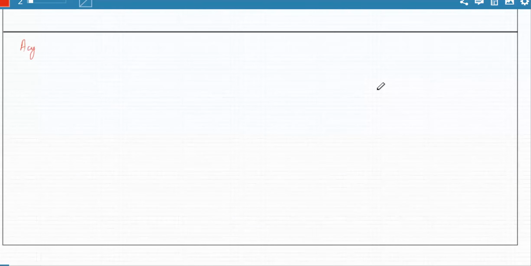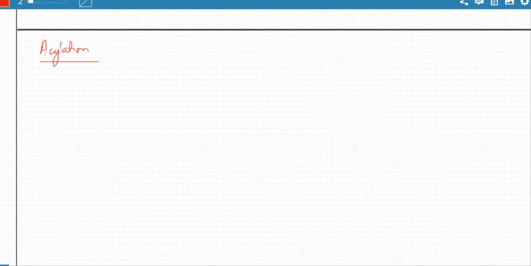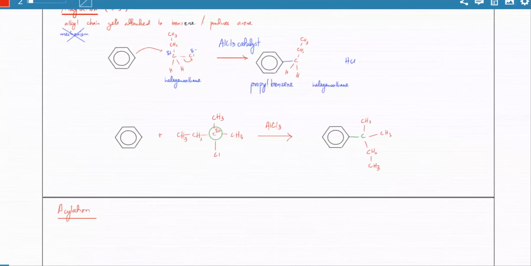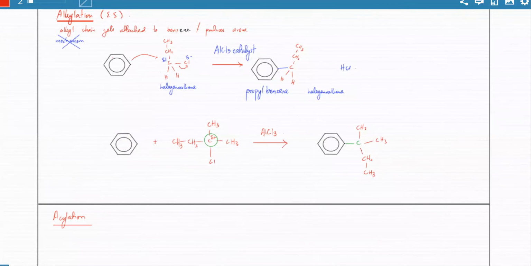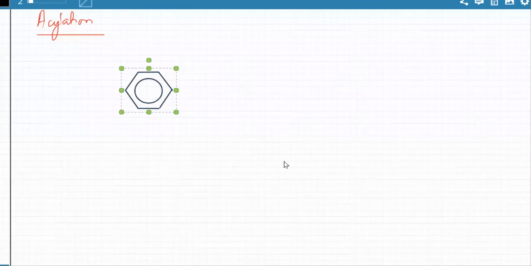So you have acylation. Now, acylation is exactly the same as before, the one that we just did, except for one difference: it involves an acyl chloride. Let me just copy one of the benzenes. So if I take a benzene and I put it here, now this is what an acyl chloride is.